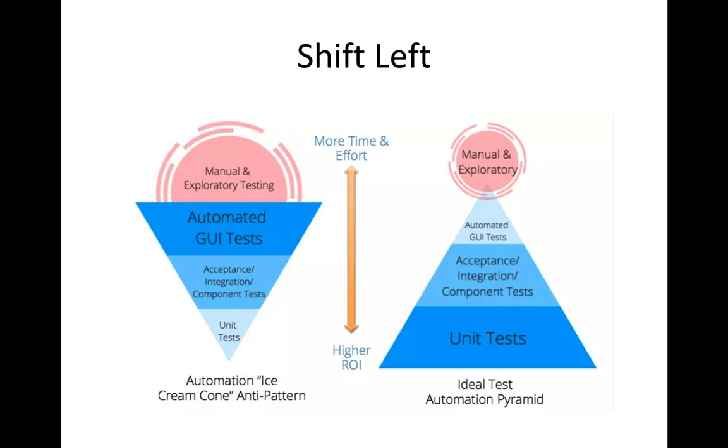Well, it's because these organizations have basically turned this ice cream cone pattern upside down, and they've created what we call the ideal test automation pyramid. And so what they have done is they've invested most of their time and effort at the unit testing stage.